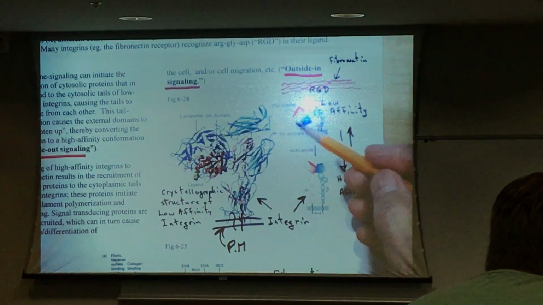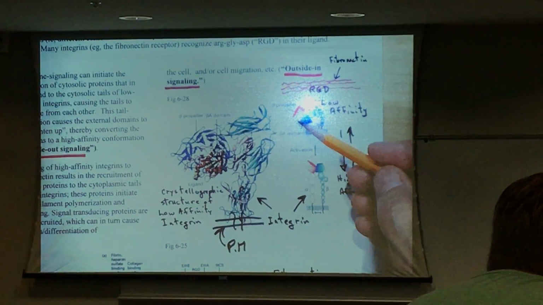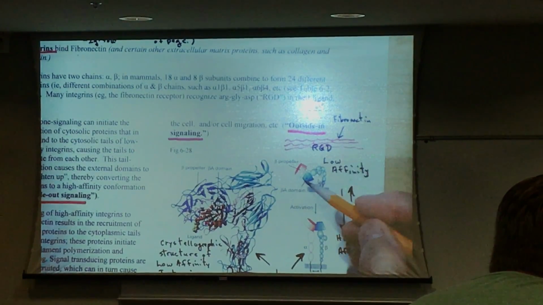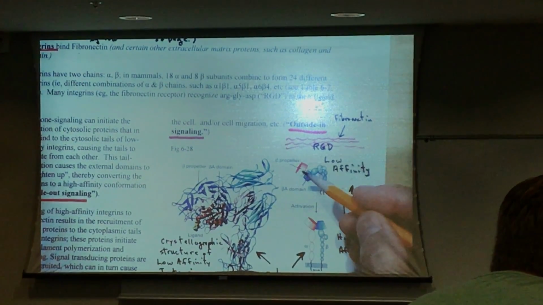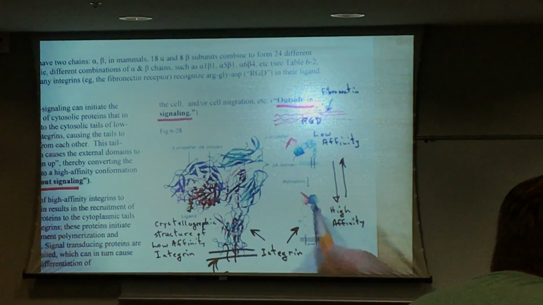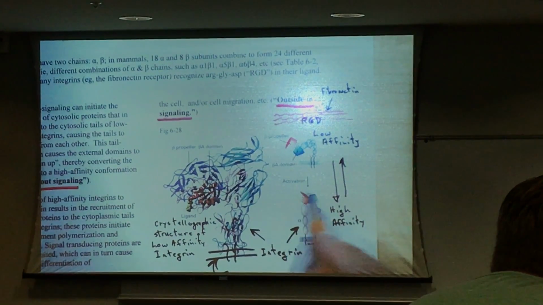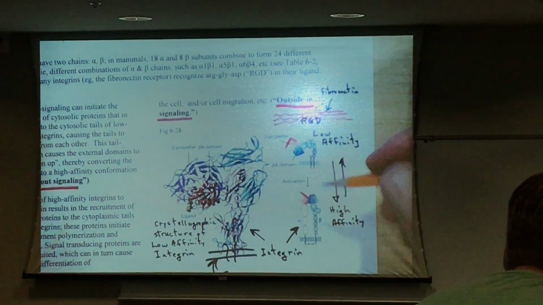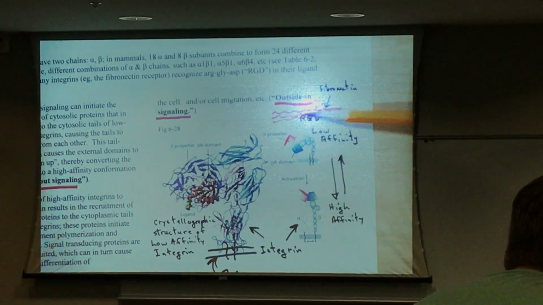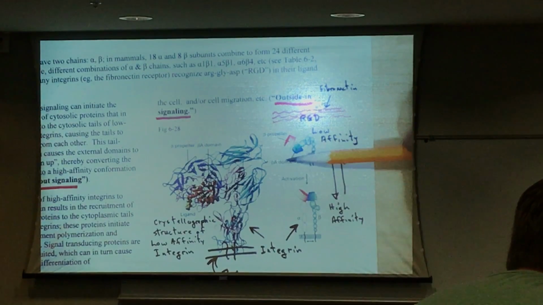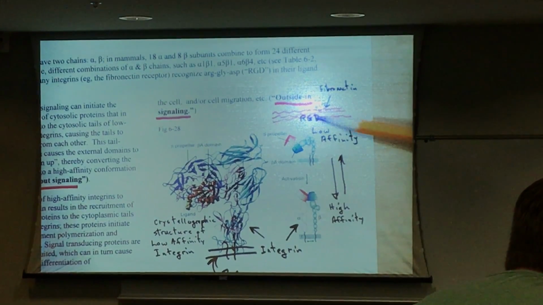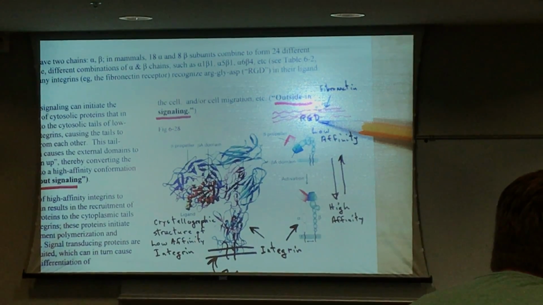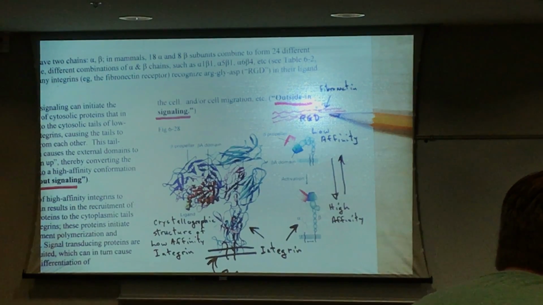And the binding site on integrin for the RGD sequence in fibronectin is located right in here. Okay. When this is erect, it can easily bind the fibronectin sequences here. When it's curled over and the fibronectin sequences are up here, you can see there's not much chance of this actually recognizing the RGD amino acid sequence here in the fibronectin.